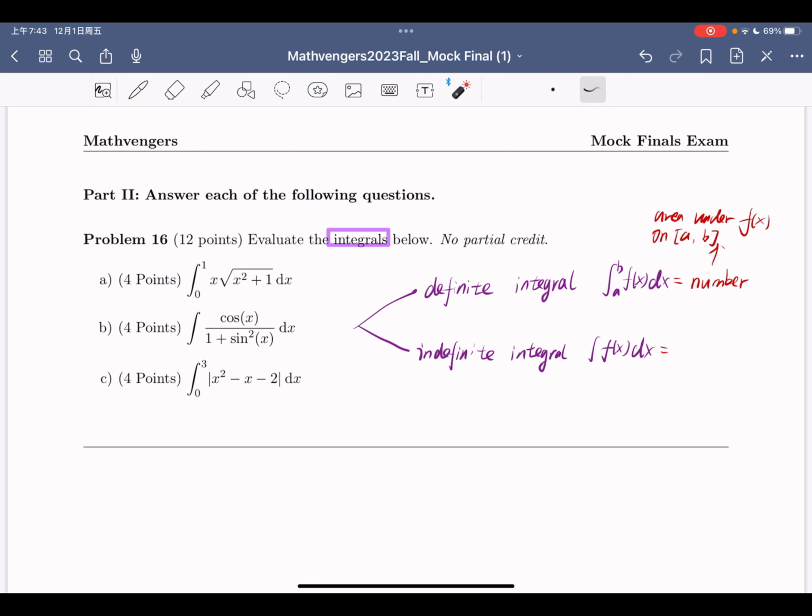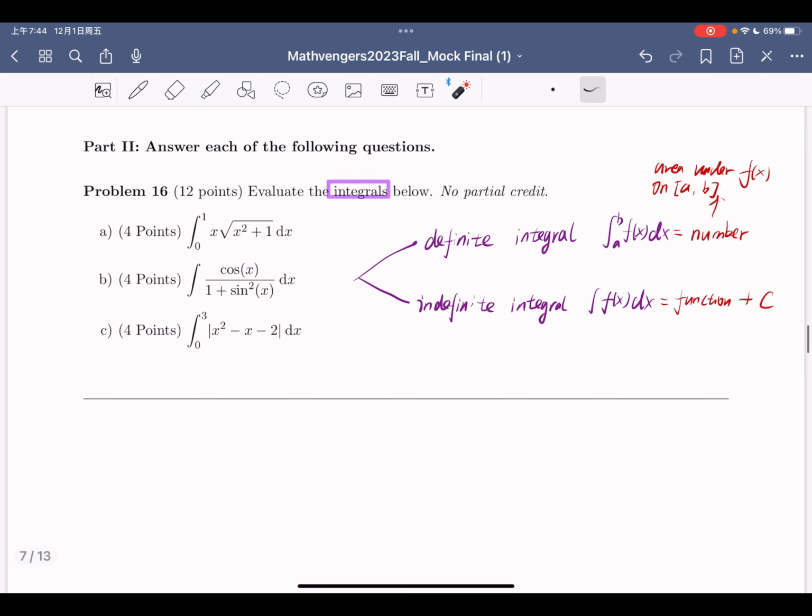If there is an indefinite integral, it should be a function plus capital C, and C represents any constant. If you get a function, then you can differentiate to get back f(x).